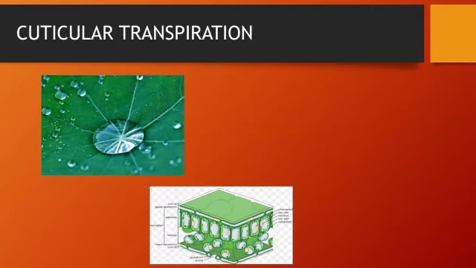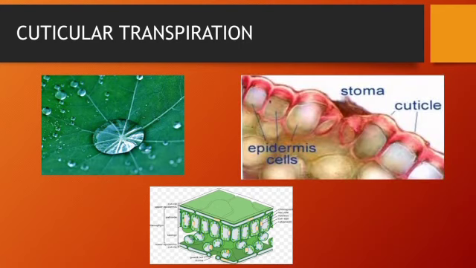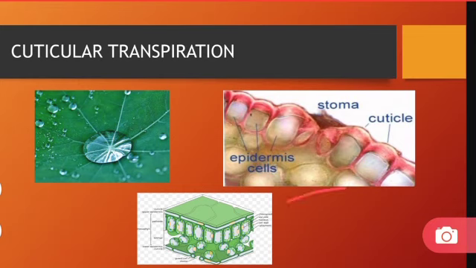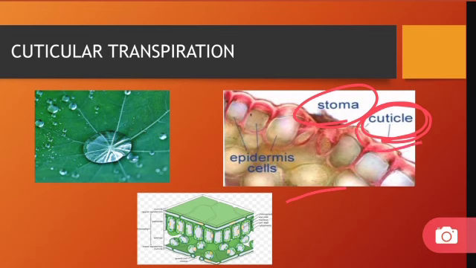Next, you can see the structure of the cuticle and the stoma which is present. If the cuticle is thick, transpiration will be lowered, and if the cuticle is thin, it means direct transfer of water in the form of water vapor takes place.